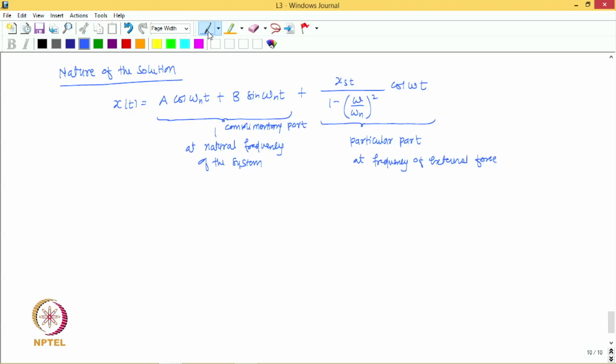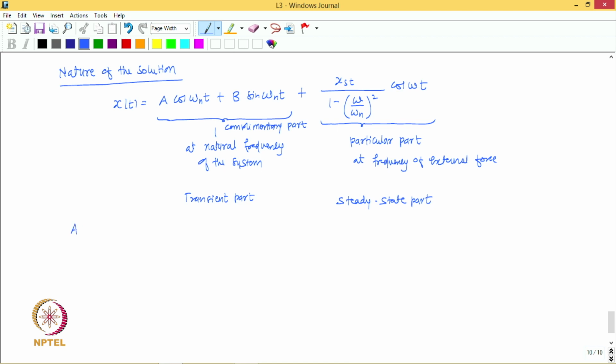So, this complementary part is also called transient part, because it is going to die out because of damping, and the particular part is the only part that would be left after the transient part has died out, and hence it is also referred to as steady state part.